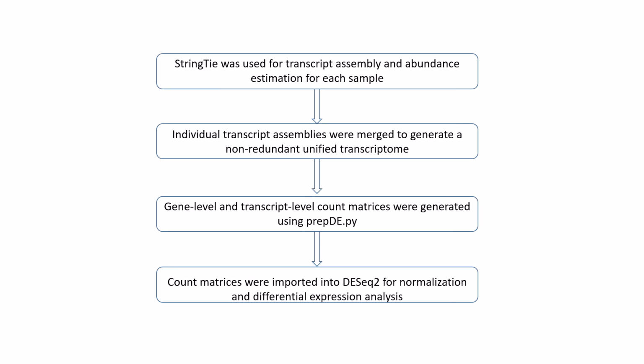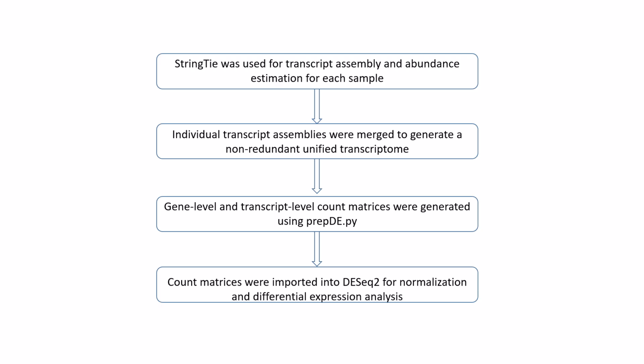Next, transcript assembly and quantification was done. So, in this step, StringTie was used to reconstruct transcripts and estimate their expression level in each sample. Since multiple samples were analyzed, all transcript assemblies were merged into a unified non-redundant transcriptome.